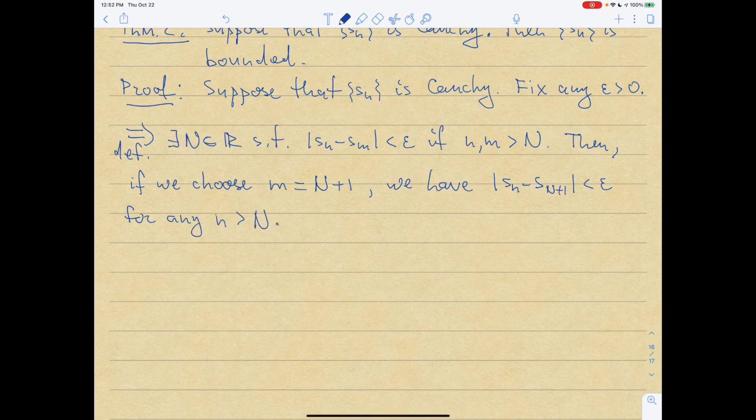Because m equal to capital N plus 1 is certainly bigger than N. All right, that's good.